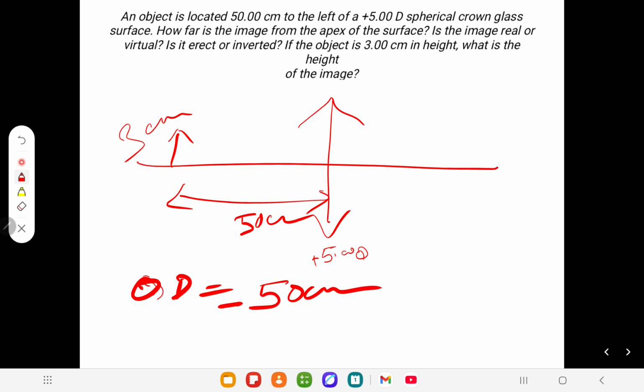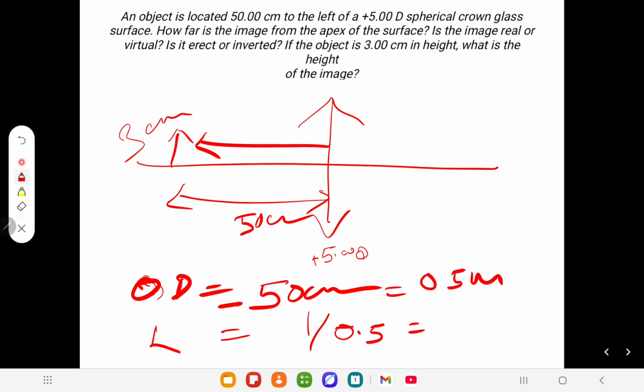Because from the lens to the object it is negative 50. We can calculate the object vergence, indicated by L, which is 1 divided by 0.5, because 50 centimeter is equal to 0.5 meter, which means simply minus 2 diopter. Why minus? Because the object distance is negative.